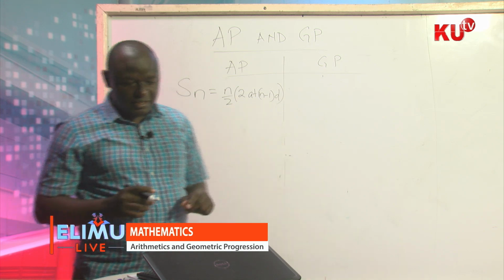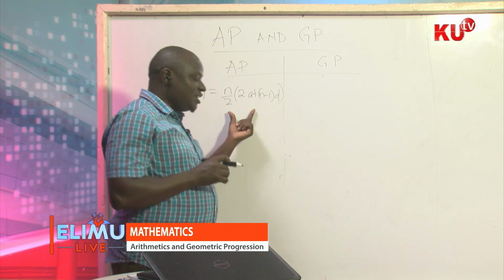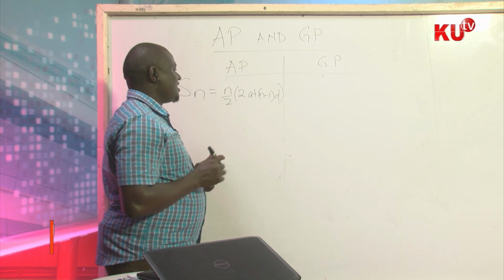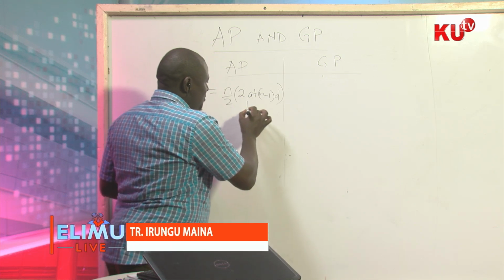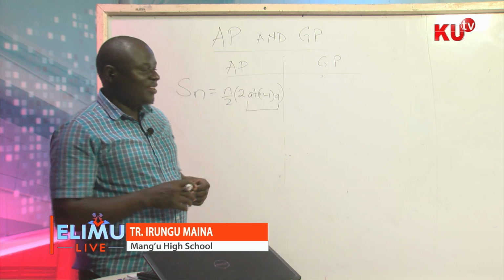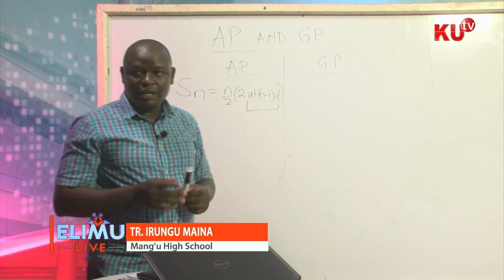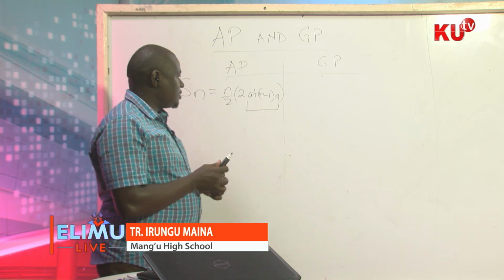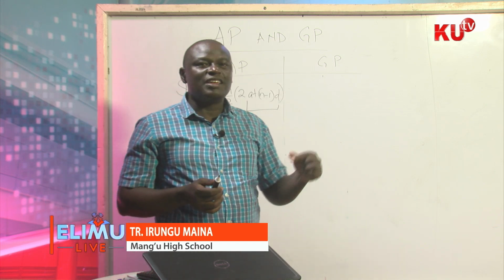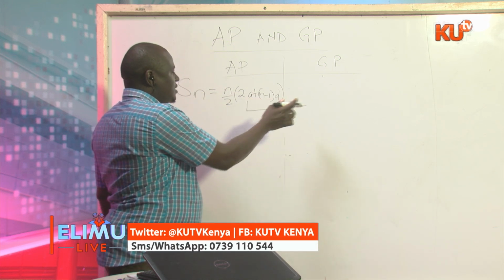Now, listen class. This formula, you don't have to cram it. It is provided for in the mathematical table at the back. The beauty of this formula is that if you cut it from that point, I hope you can see the focus on the slides, this part forms the general term, the nth term.